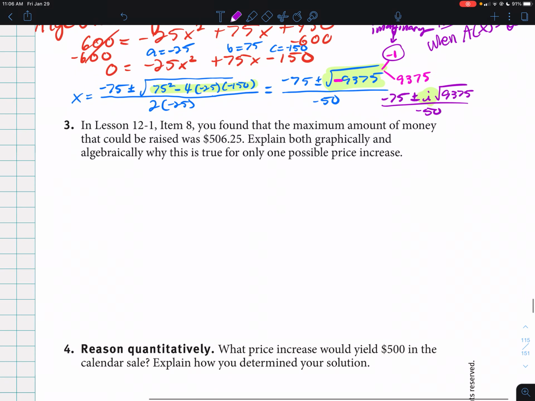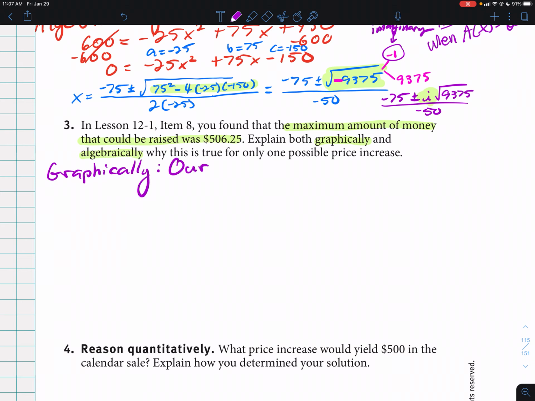Number 2, in lesson 12-1 in item 8, we found the maximum amount of money that could be raised was $506.25. Explain both graphically and algebraically why this is true. So graphically, that was our vertex.